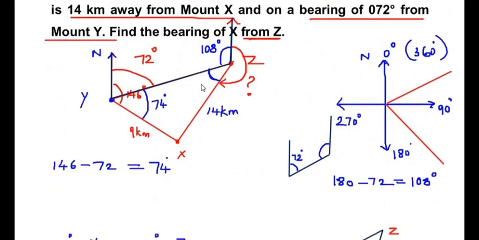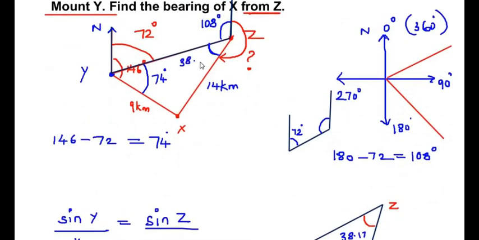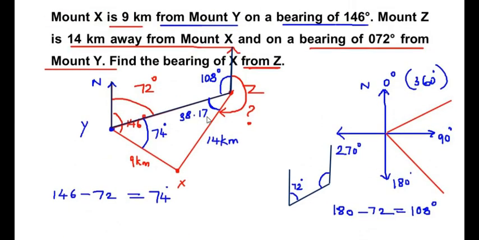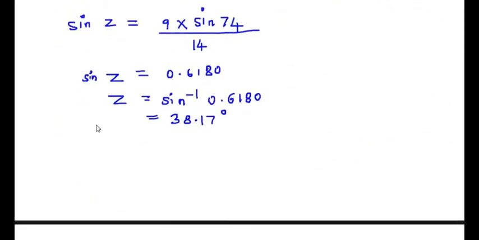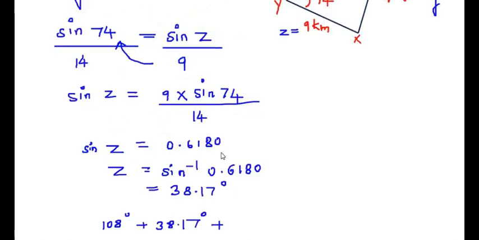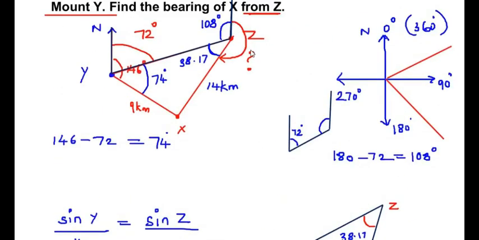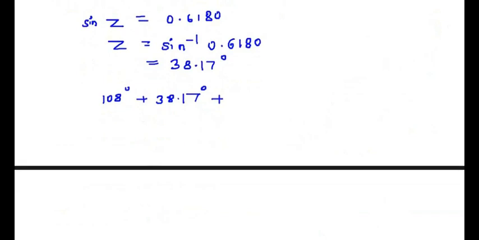Now let us come back to this triangle. We have got it as 38.17. Now once we got this, we can add the 108 degrees with 38.17 and subtract it from 360 degrees to get this complete angle. So we have now 108 degrees plus 38.17 degrees plus, we can take this missing angle as M, so plus angle M is equal to 360 degrees.